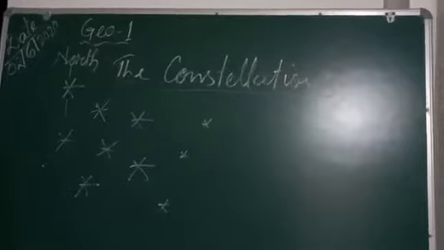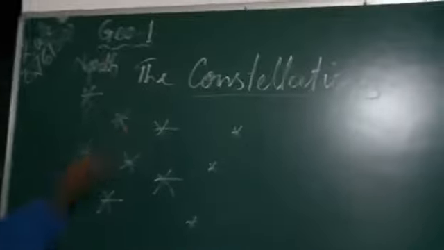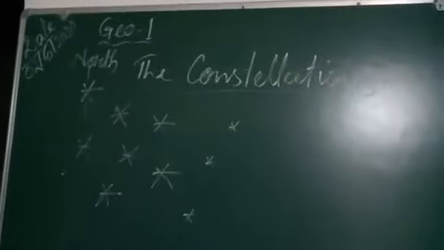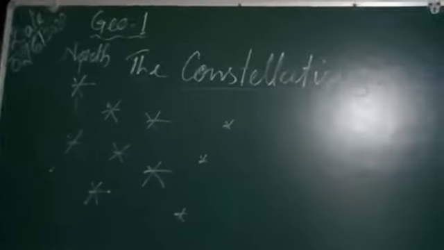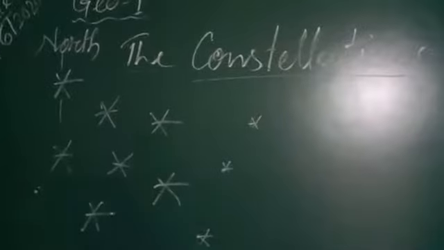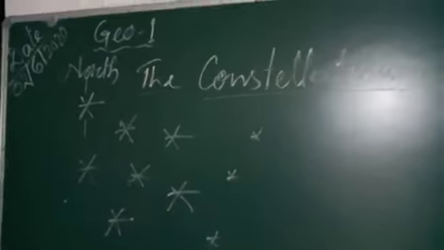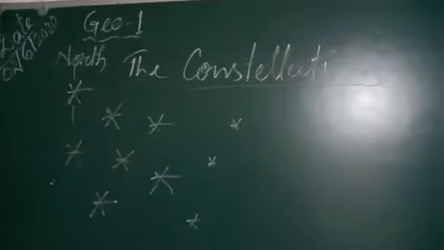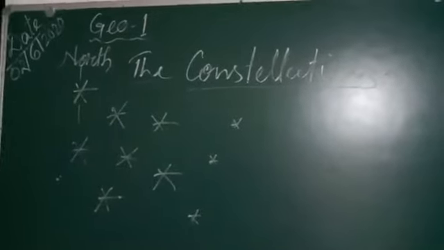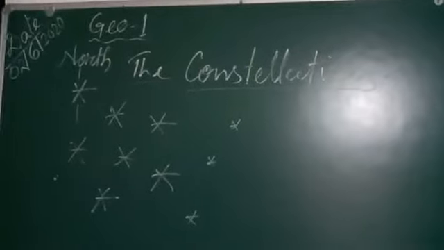Students, the earlier people thought that some figures are there. That means animal figures or human figures, and some mythological, that means God related figures. So it was believed that the constellations influence the daily life of people on earth.